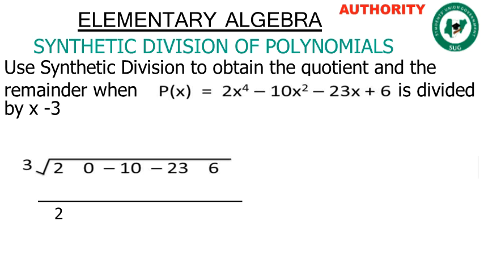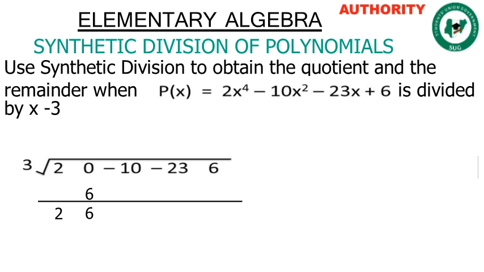It will give you 6. So we write the 6 under 0. And then you say 0 plus 6. What will it give you? It will give you 6. Now you write the 6 under the 6.